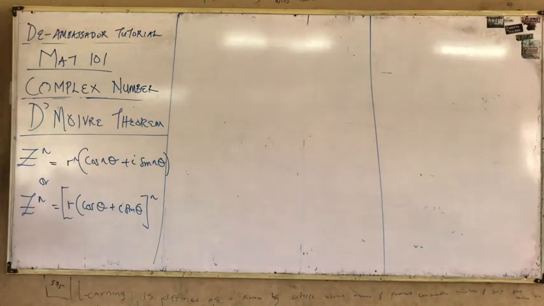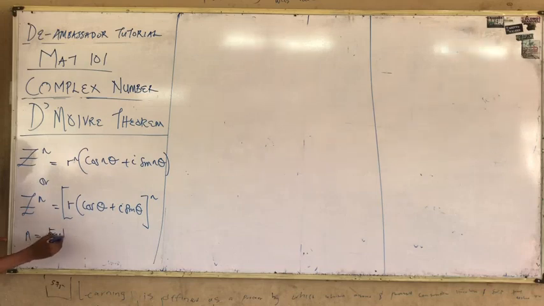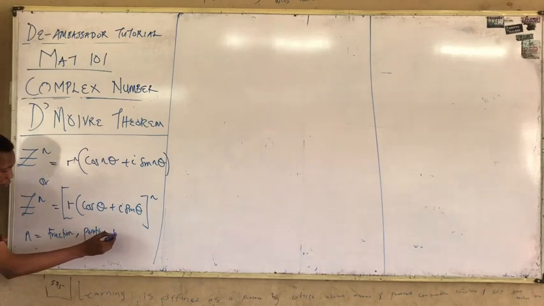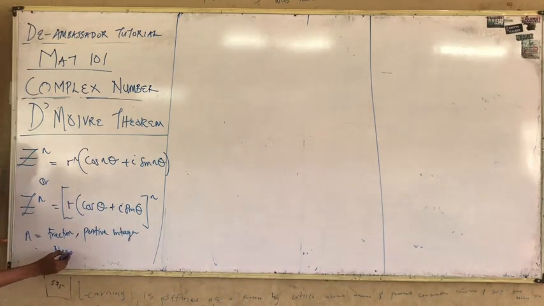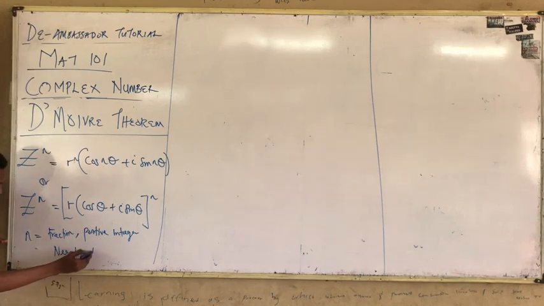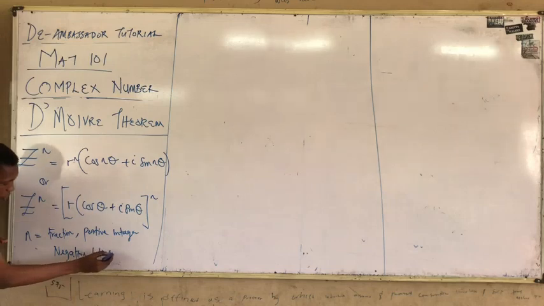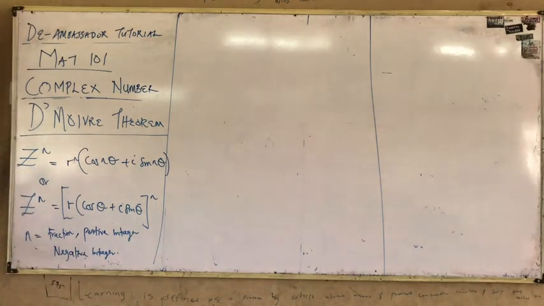Please don't forget to put your hand here. That's de Moivre's, where your n can be a fraction, positive integer, or negative integer. So this is the formula.